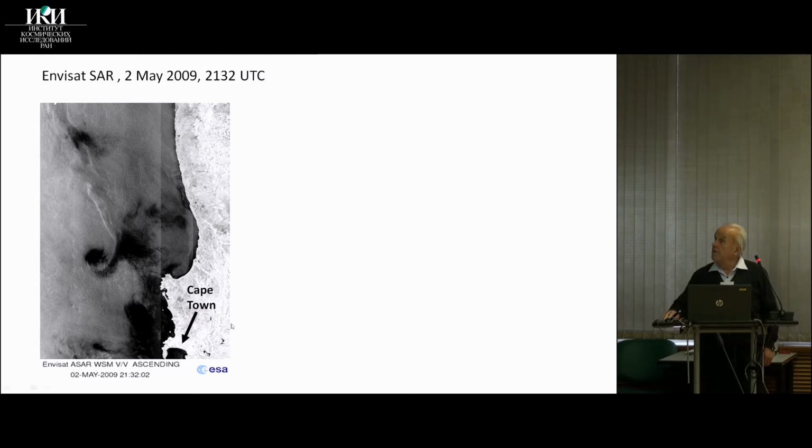You see here an area A and an area B. They have on average a different brightness, so a different normalized radar cross-section, but it's very inhomogeneous.